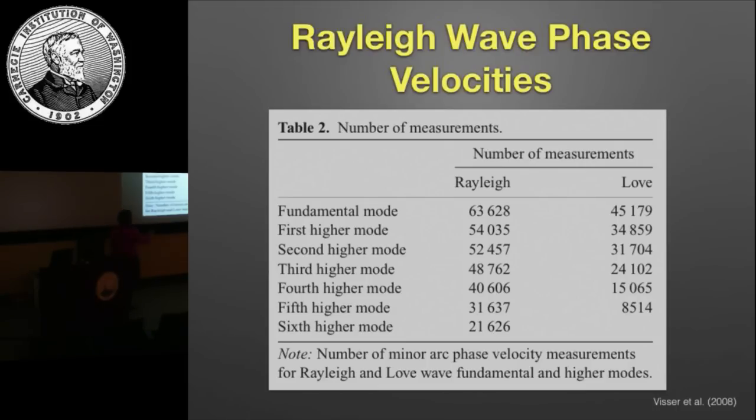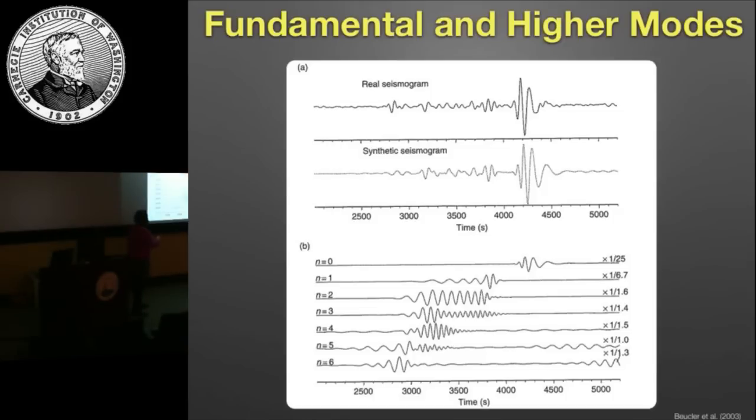Now I have done measurements of fundamental mode surface waves, not for this study, but I've made them. Measuring the higher modes is actually tricky because if we go back one slide, if I can, you will see that some of them arrive very close to each other in time, so that's tricky to separate.